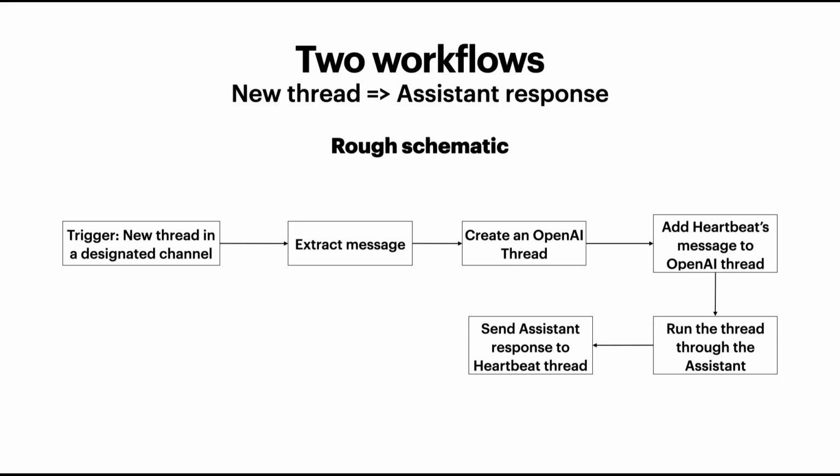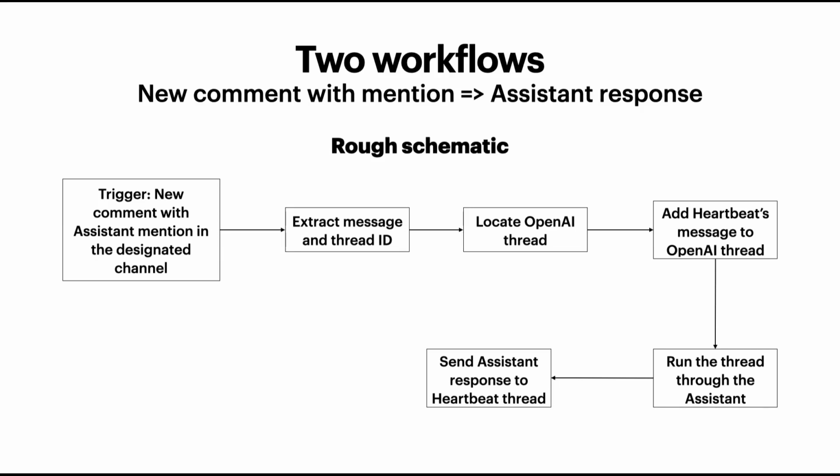The second workflow is with a different trigger. It's the new comment in the thread with the mention of the assistant, and the assistant will, at the end of the workflow, respond to it. This workflow will start with the new comment with the assistant being mentioned in the designated channel. Then we will need to extract this message and the ID of the thread.